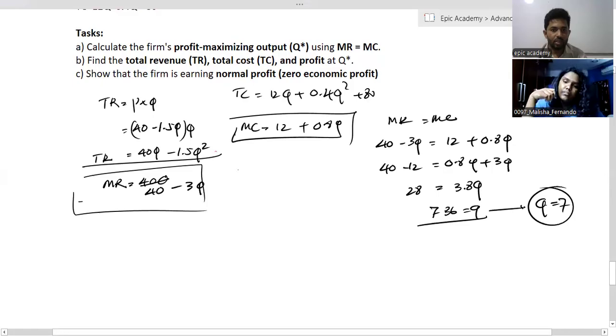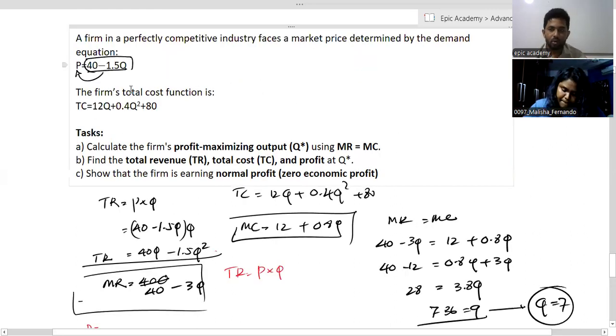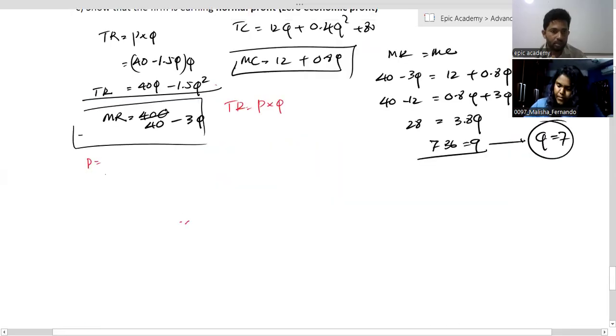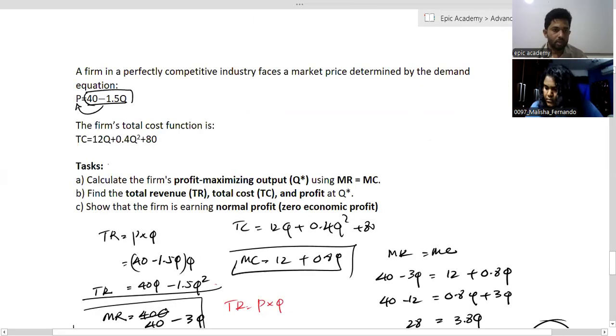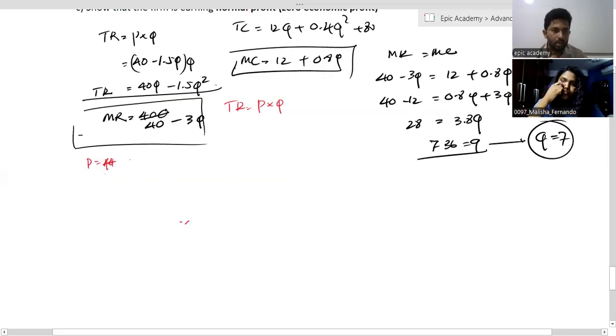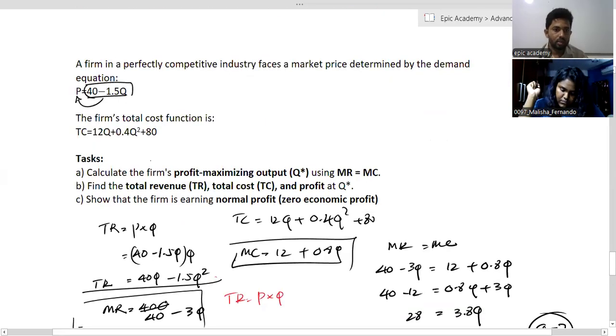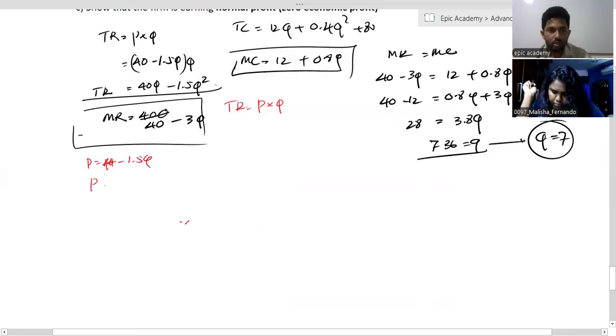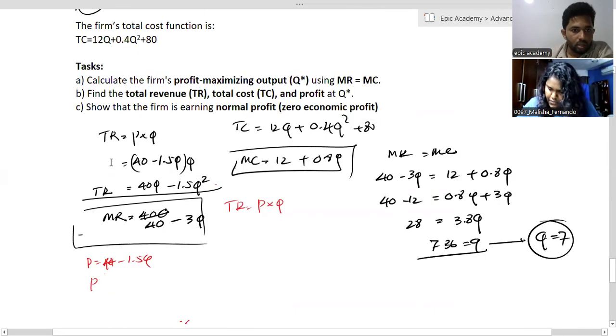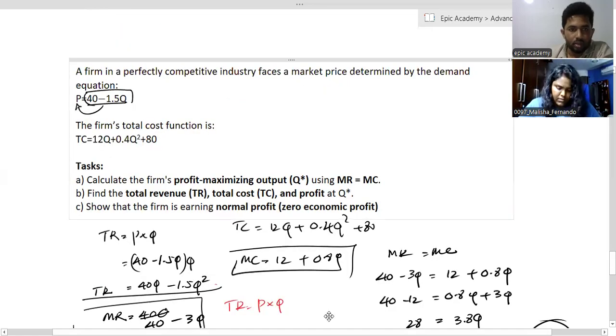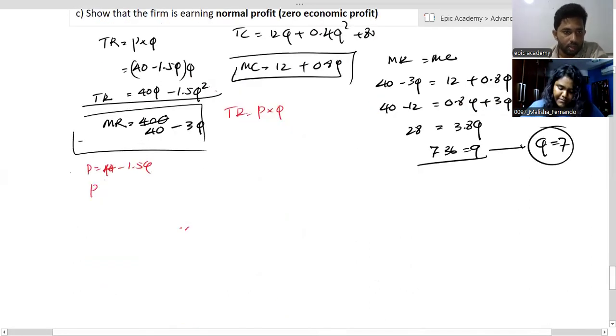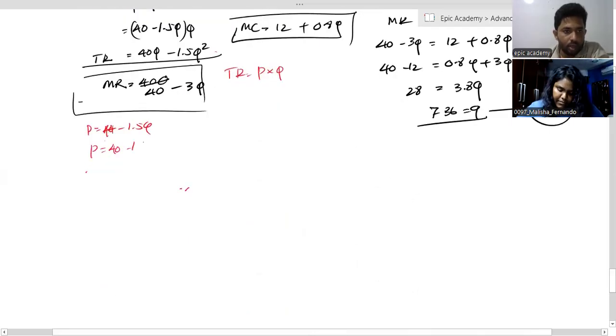So then what about the TR? TR equal P multiplied by Q. First of all, you have to calculate the value for P. P equal, we have already been given, 40 minus 1.5Q. 40 minus 1.5 multiplied by 7.